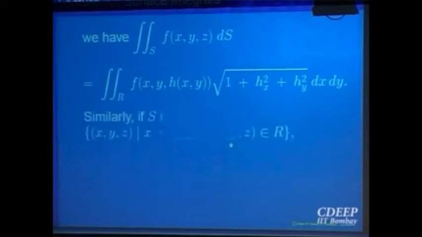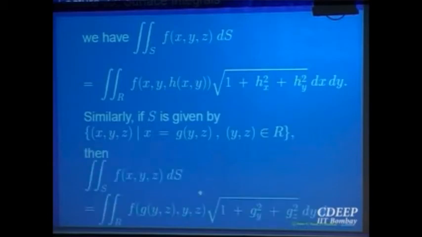Similarly, there are projections on the other coordinate planes, right? I will not write all the similar things every time, because you should be able to write them if the surface is projectable onto the xz plane or yz plane. Accordingly, the things will be written here. I have written it, so let me show you.